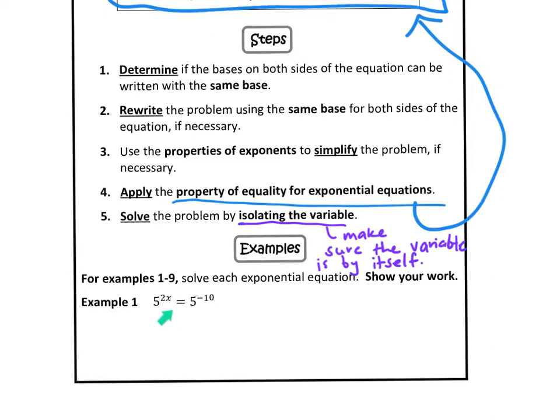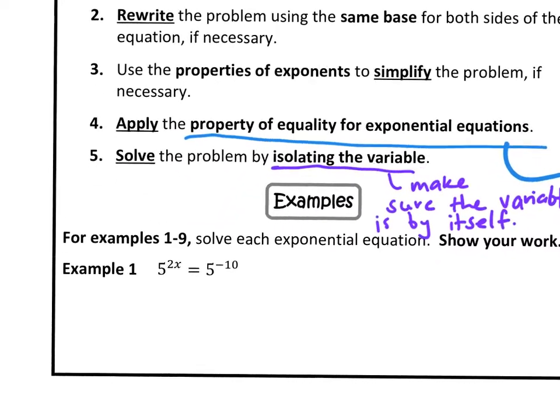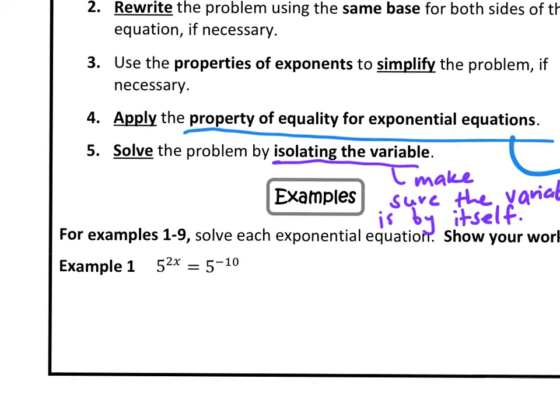Yes, so then we can skip step 2 and even step 3 because it's pretty straightforward. What we're going to say is because these bases that I'm circling here are the same, then we can make the conclusion that these exponents are the same.